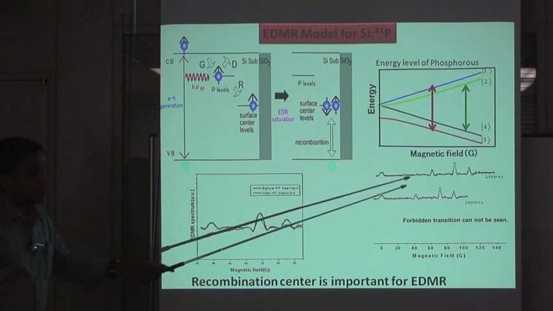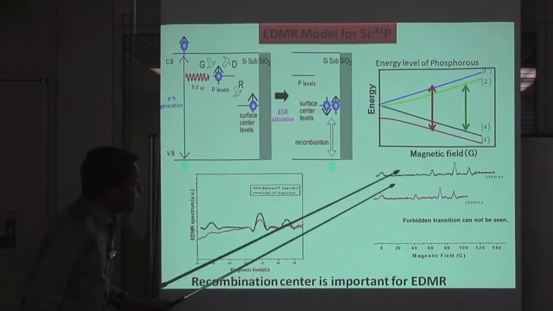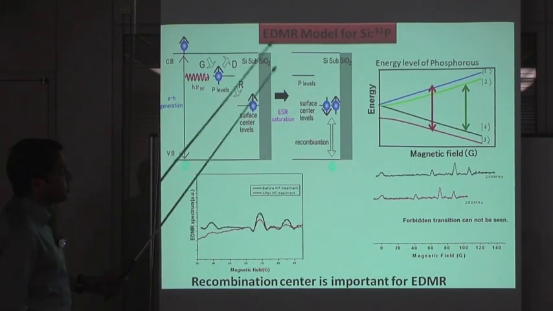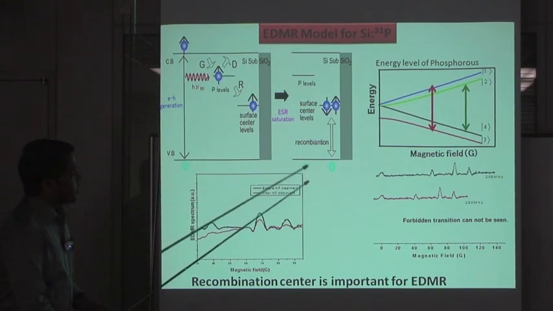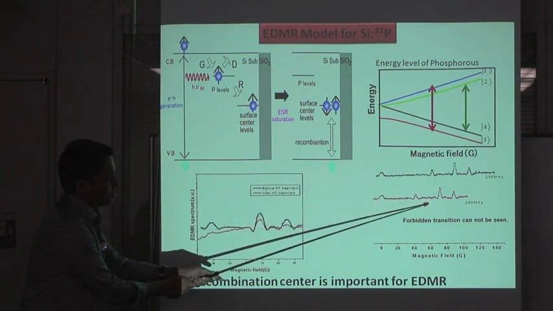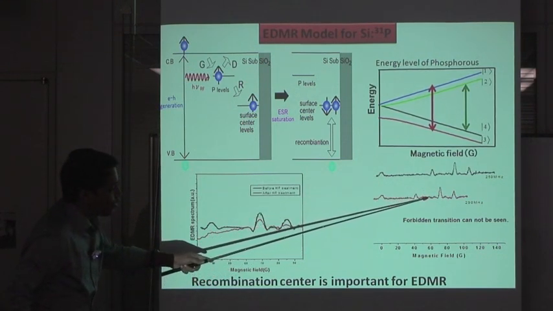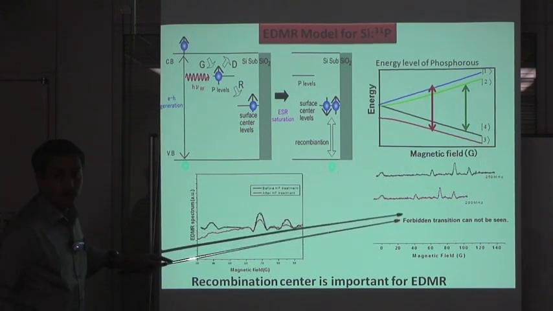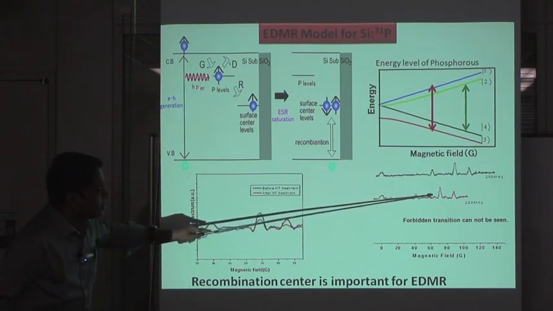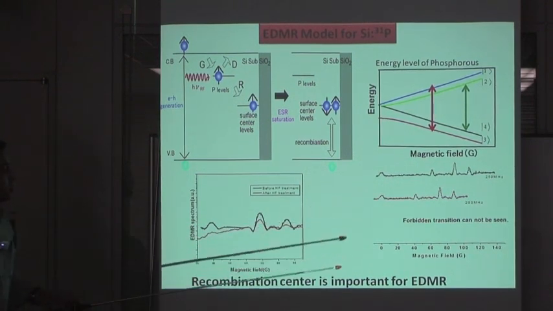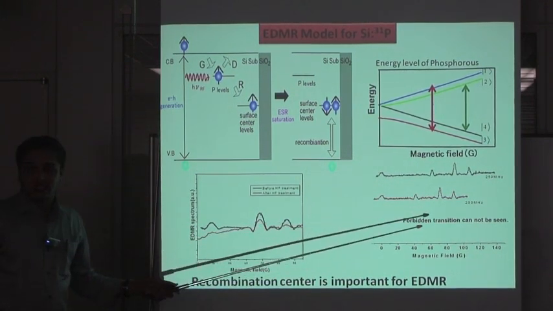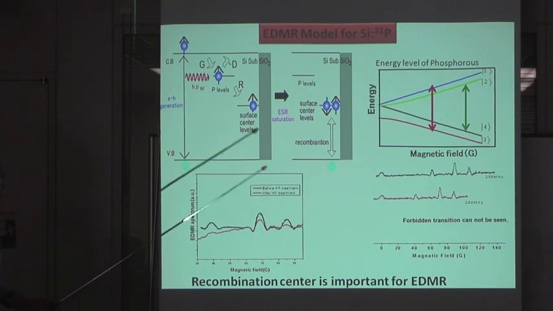So we can detect phosphorus signals here, but the problem was that we were not able to, because the concentration of the phosphorus which we are using is just 10 to the power 15. So we were not able to see the forbidden transition, which is around 58. When you work at RF 200 megahertz, then the forbidden transition comes near about 58 Gauss. So the forbidden transition was not seen in these samples.